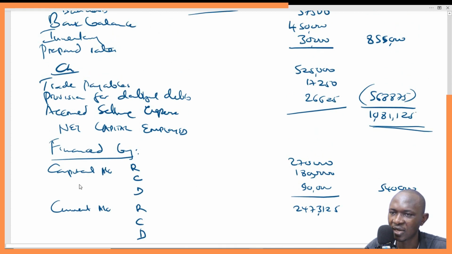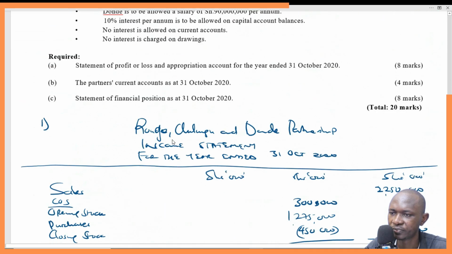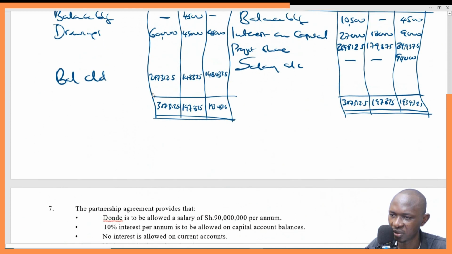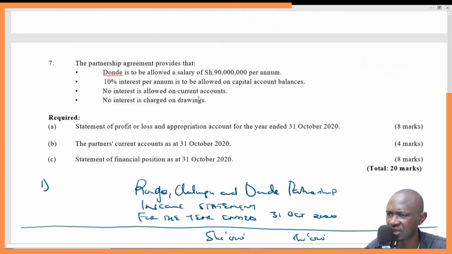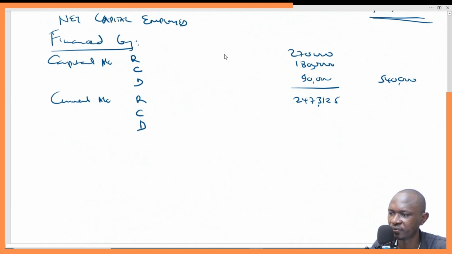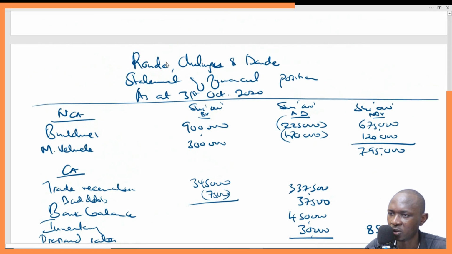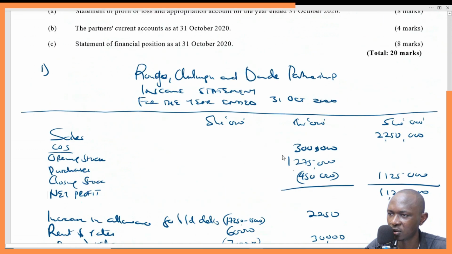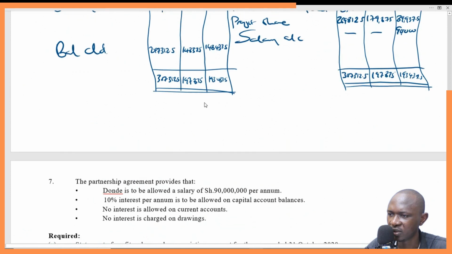That is their current standing in the business. Then 148,375.